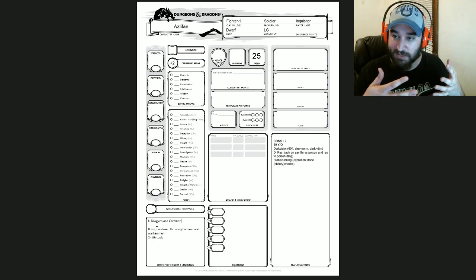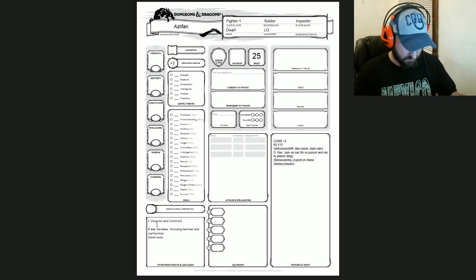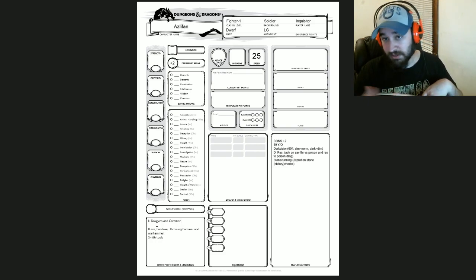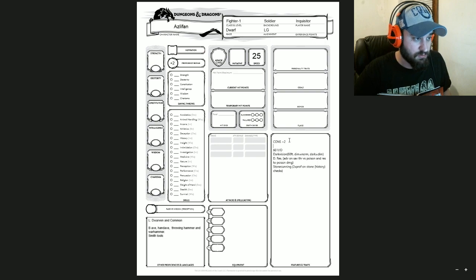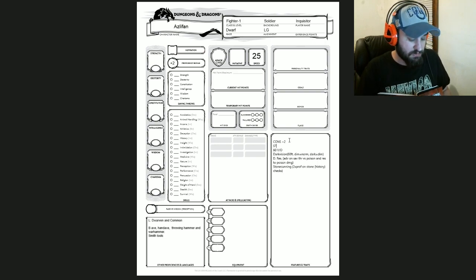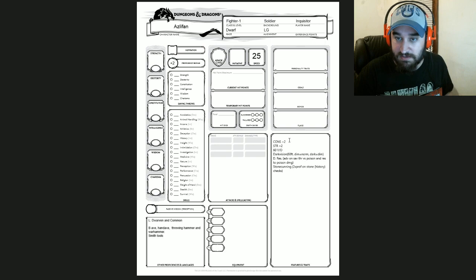So you lose a little bit of stats, but you do get a +2 in strength instead of the +1 on wisdom. So let's choose that. We're going to go right here with strength +2. And the proficiency, I will not mark it because, like I said, as a fighter we will get it.